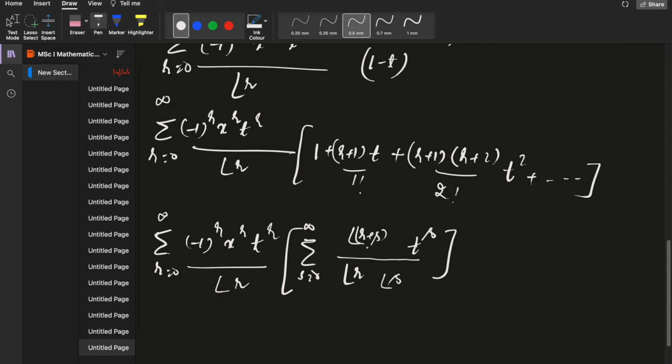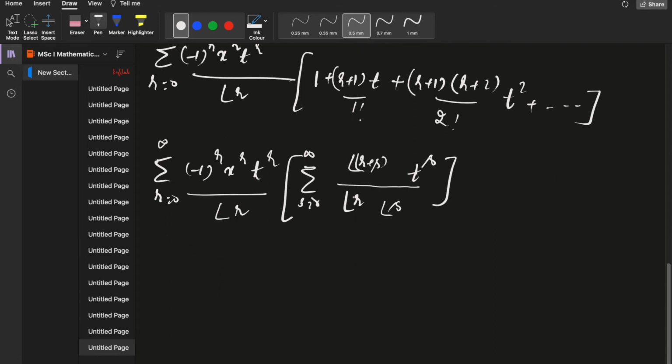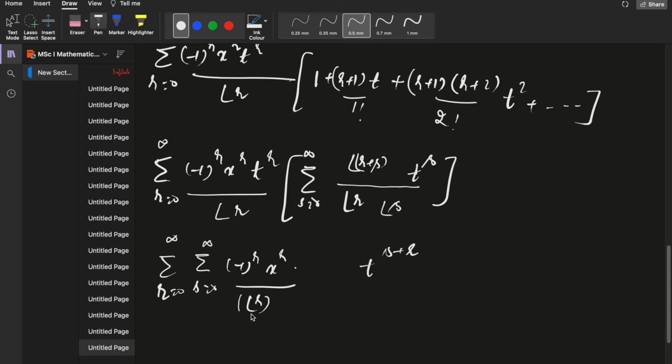Next, taking the summation signs common, r tends to 0 to infinity and s tends to 0 to infinity, we have minus 1 to the power r x to the power r t to the power s plus r, with factorial r square, factorial s, and factorial r plus s.